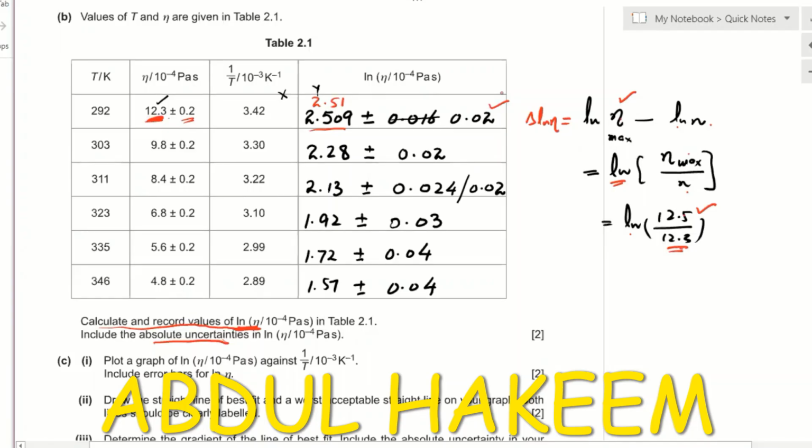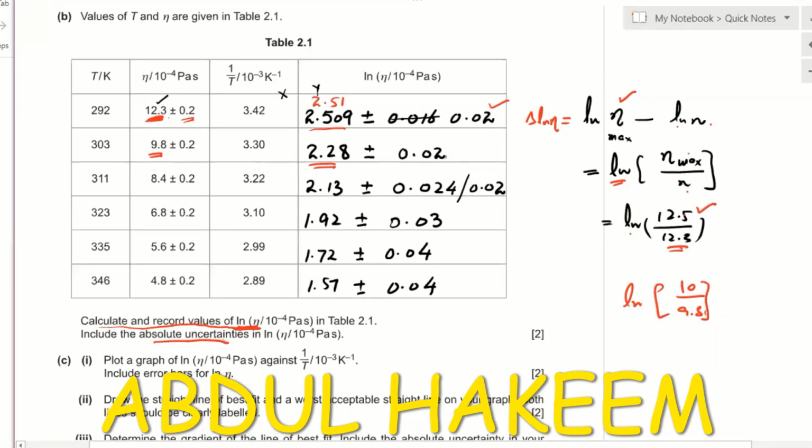Similarly, we calculate ln of 9.8, which is 2.28, and then the uncertainty. So eta maximum will be 9.8 plus 0.2, meaning 10 divided by 9.8. The answer is again close to 0.02.